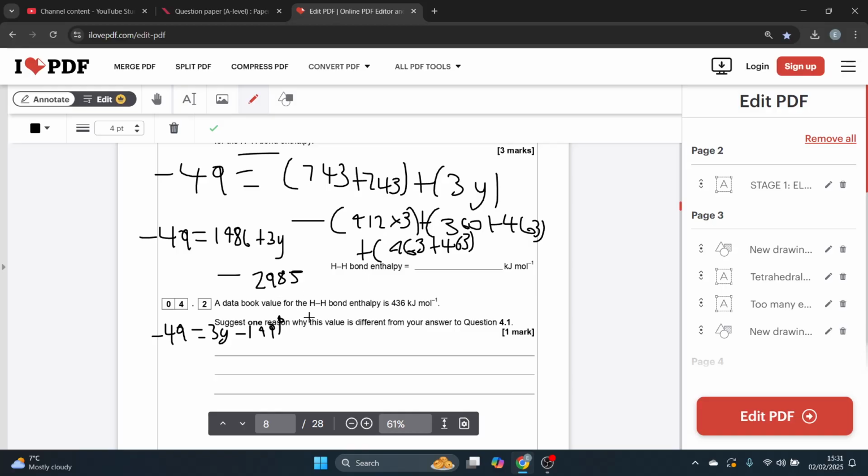I get 483 kilojoules per mole to the power minus 1. Perfect.